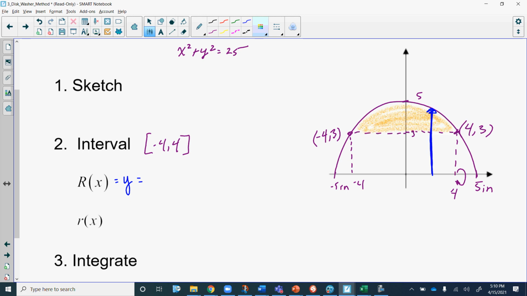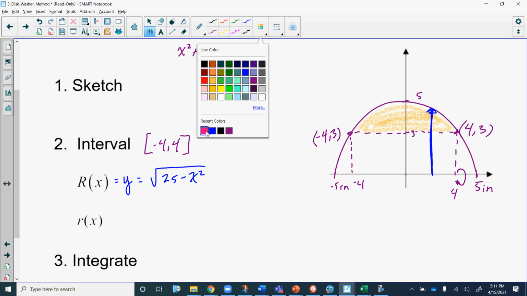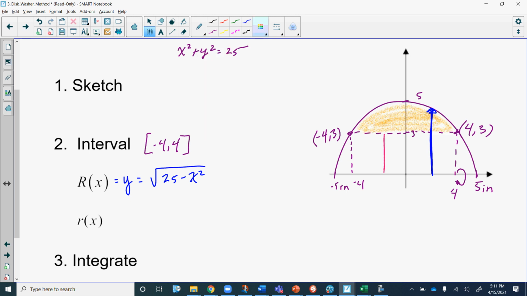If I take the equation that I have for my circle and solve it for y, that'll be the square root of 25 minus x squared. And the inner radius is going to be this segment right here, which again is a y value. And in this case, that's just the horizontal line, y is equal to 3.